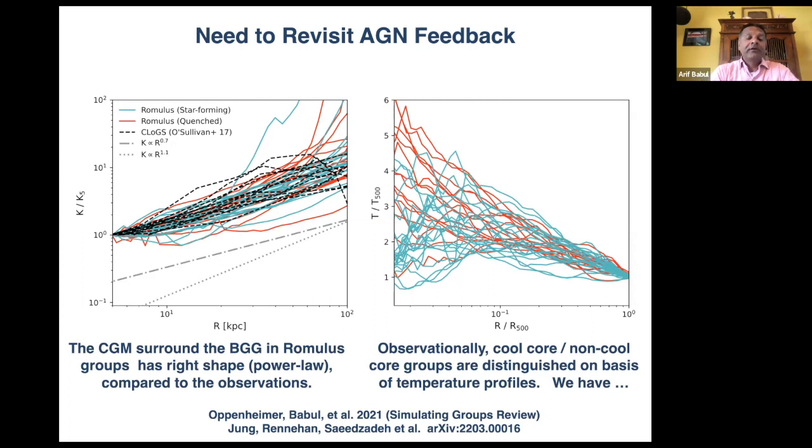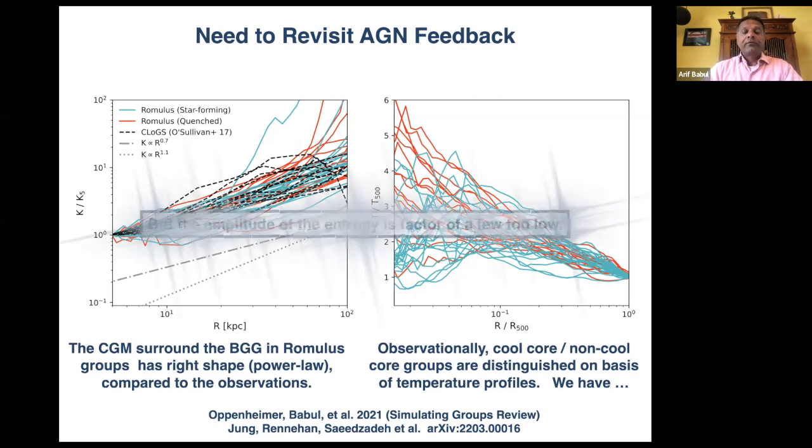Again, looking at the entropy profiles on the left, cool core and non-cool core groups do not show any difference in the shape of their entropy profiles. Groups are characterized as cool core and non-cool core based on their temperature profiles. And from that perspective, Romulus simulations do really well.